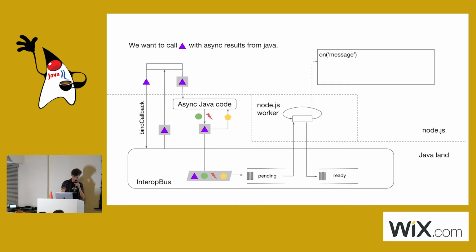So once it gets put on the pending queue, the Node.js worker, which is blocking on this queue, gets this thunk, puts it into the ready queue, and also notifies the main process that there's a thunk that is ready to be executed, to be evaluated. So on this message, the main Node process wakes up, and it then goes to the ready queue.